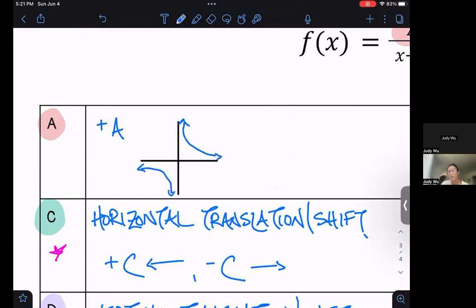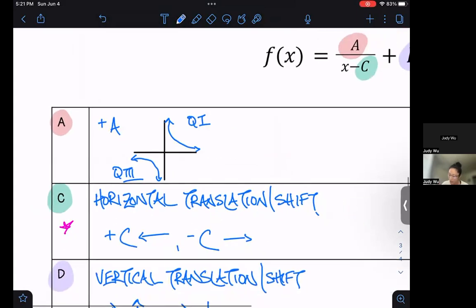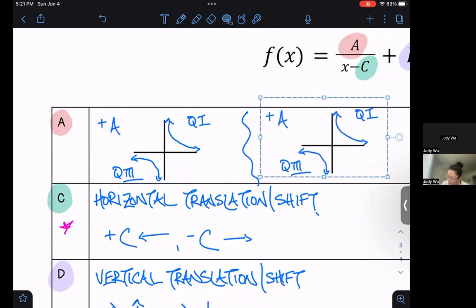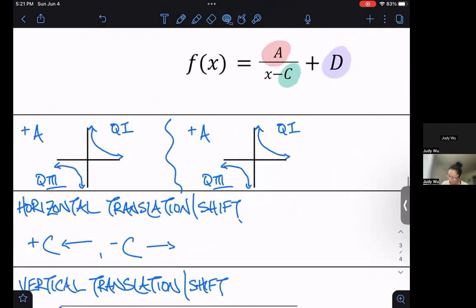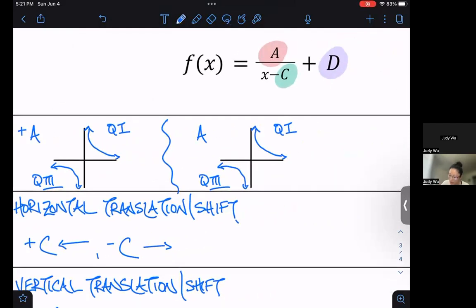If you remember the quadrants of our grid, it will be in quadrant 1 and quadrant 3 if we have a positive A. But if we change this positive A to a negative A, then it changes our branch location.